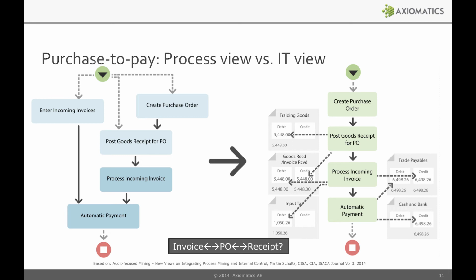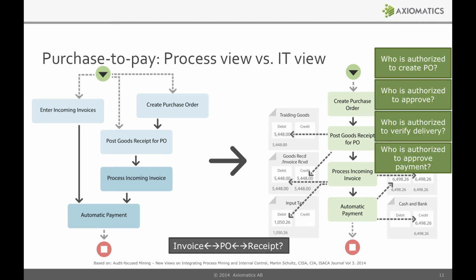This relates to ABAC to a certain extent, because if we ask the questions, who is authorized to create the purchase order, who is authorized to approve, who is authorized to verify the delivery of the goods, and so on, these questions typically are difficult to answer with this inflexible role model.